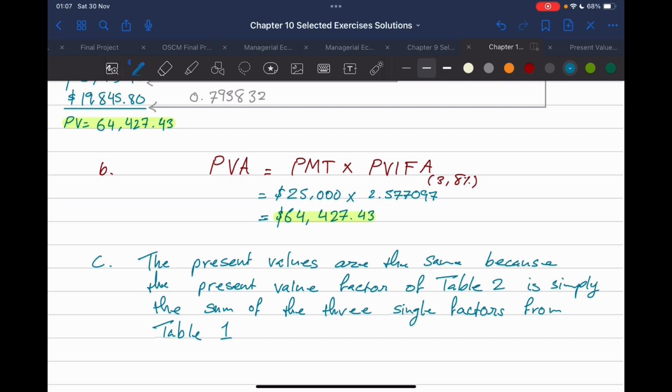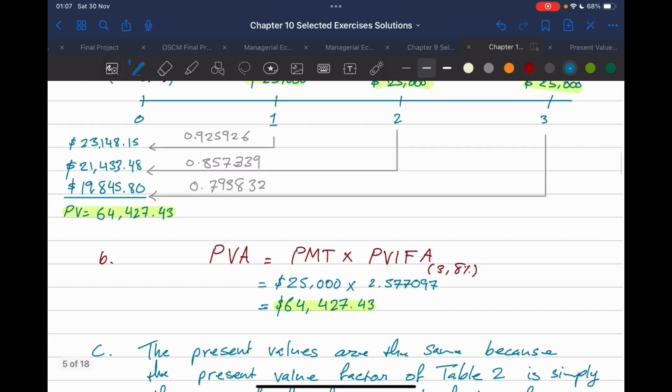And we are basically calculating the same thing. Okay? Let me show you what we mean by this.